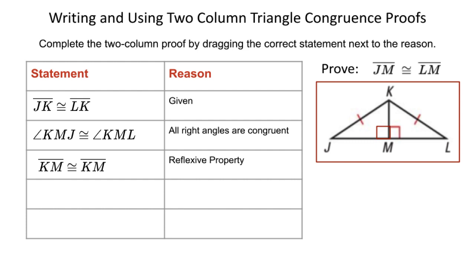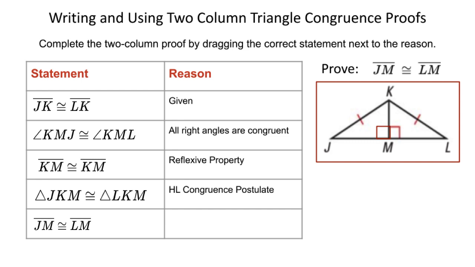So we can say definitely that triangle JKM is congruent to triangle LKM by hypotenuse leg, HL. And now side JM, notice in the congruence statement, it's the first and third letter, side JM is congruent to side LM by CPCTC.